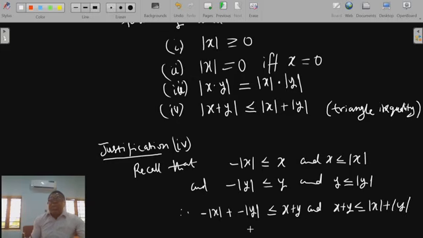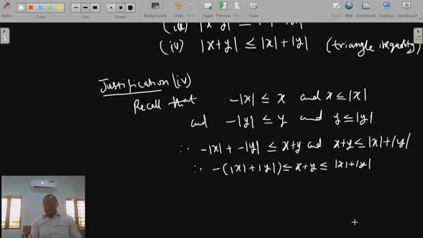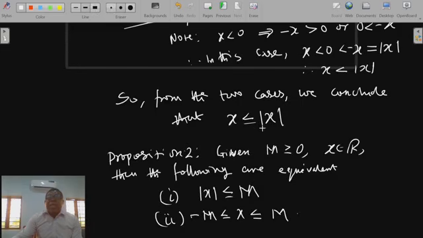Putting these two together gives me that minus the quantity absolute value of x plus absolute value of y is less or equal to x plus y, and this x plus y is less or equal to absolute value of x plus absolute value of y. Now, what does this bring me to? This brings us to the property we mentioned above, where we say that these two are equivalent.